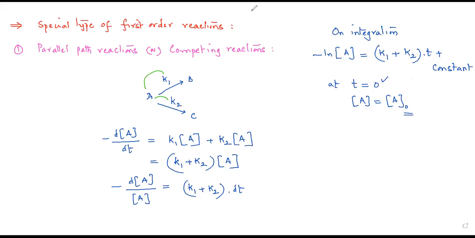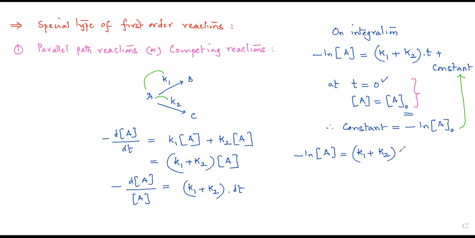Now substituting this, we get the constant as minus ln A naught, right? Now substituting this in this expression, we get minus ln A equals K1 plus K2 into T minus ln A naught, isn't it?